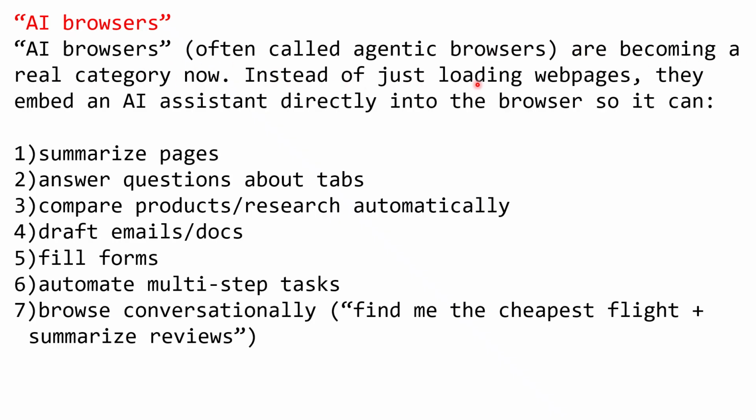Instead of just loading web pages, they embed an AI assistant directly into the browser so it can summarize pages, answer questions about tabs, compare products, or research automatically. Fourth, drafting emails and documents facility is available.